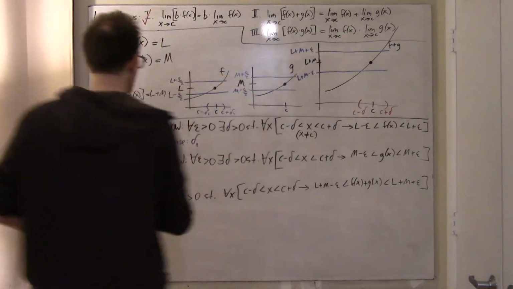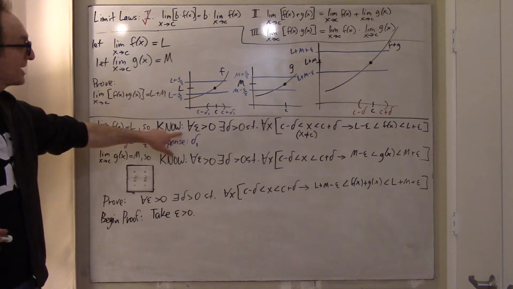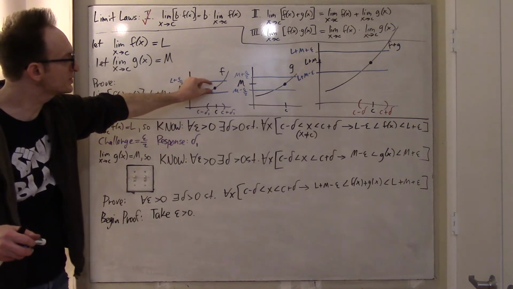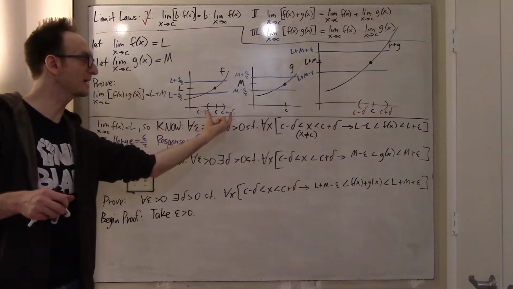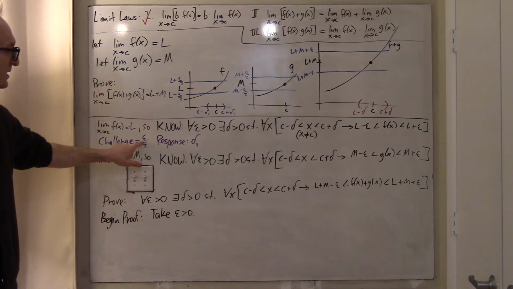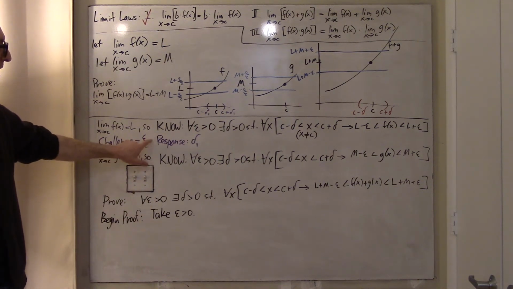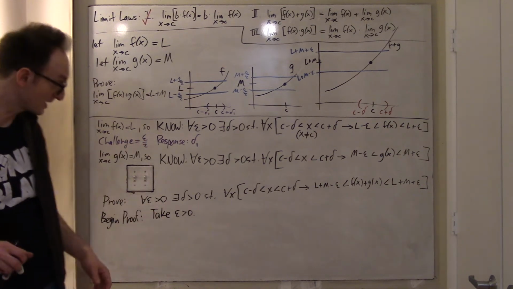I reach into my pocket for the thing I already know. What I already know is that the values of f can be made arbitrarily close to L by taking x values sufficiently close to C. So the epsilon over 2 that I refer to here is this epsilon.